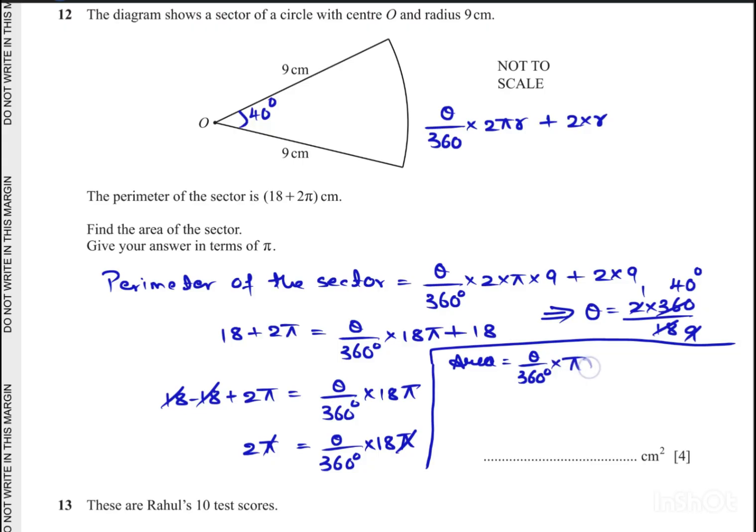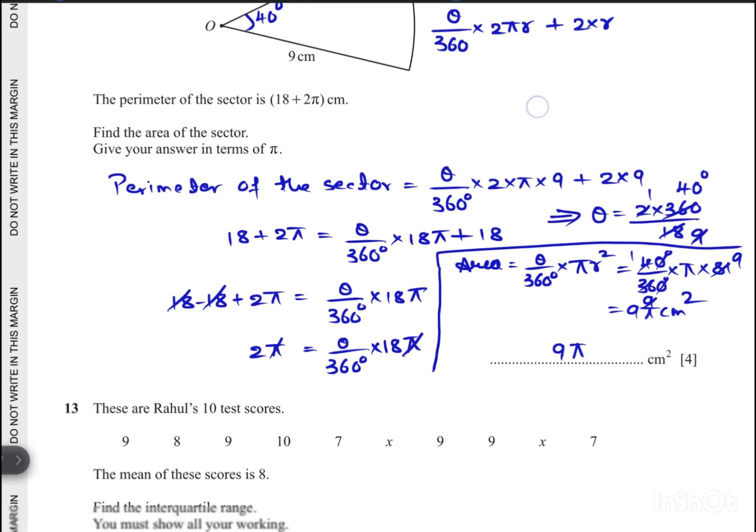So 40 by 360 into pi into 9 square, which is 81. The 0s get cancelled. 4 times 1, 4 times 9, 9 times 9. So we are left with 9 pi. The answer is 9 pi centimeter square.